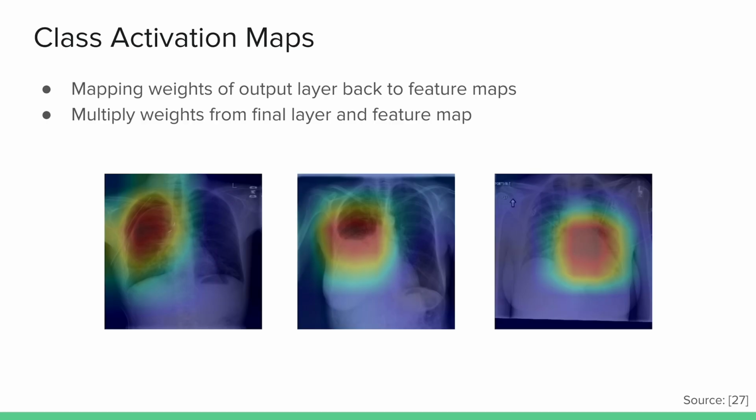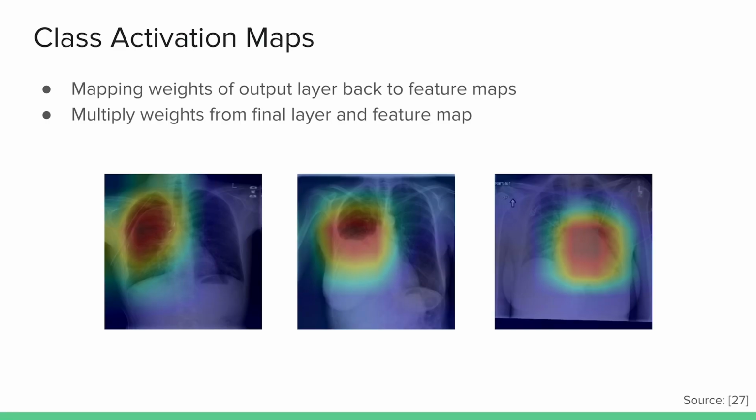Another very powerful method of exploring your data and exploring your network is by so-called class activation maps. The idea is that we map the weights of our output layer back to our feature maps. So we have an image and we feed it through our network, and that obviously results in certain features that are being computed before the final state that performs an operation.